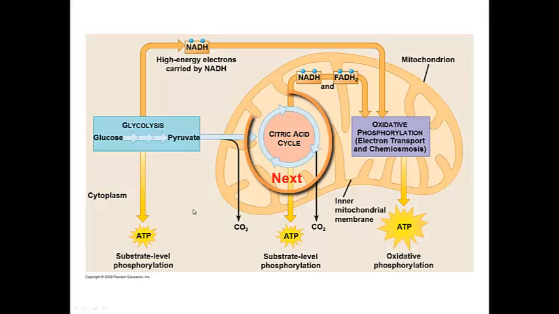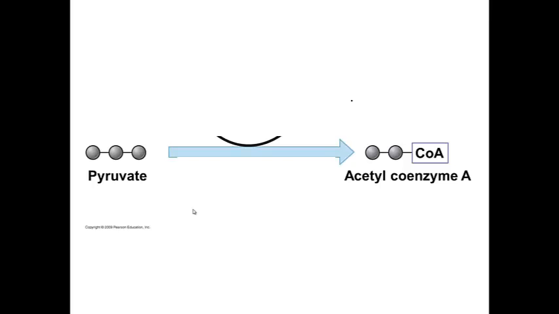So citric acid is our next step. Pyruvate that was formed in glycolysis will enter into the cycle, but first it must enter into a reaction that prepares the molecule to enter that citric acid cycle. So the first thing that happens is that a carboxylic group is removed and carbon dioxide is formed.